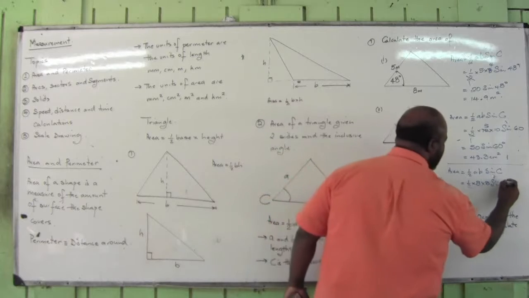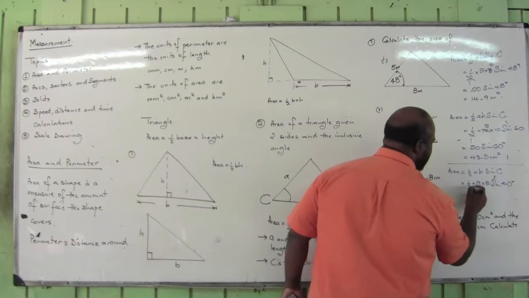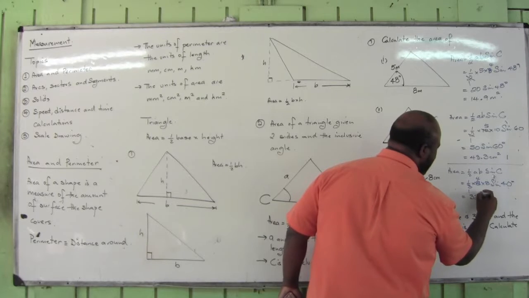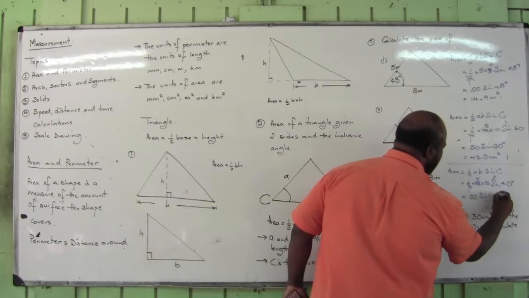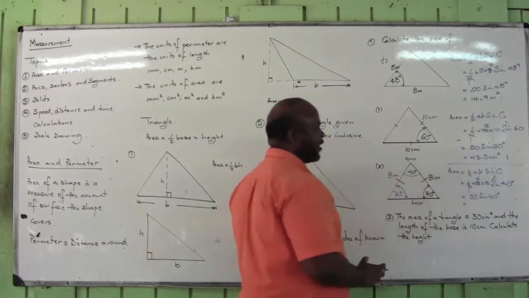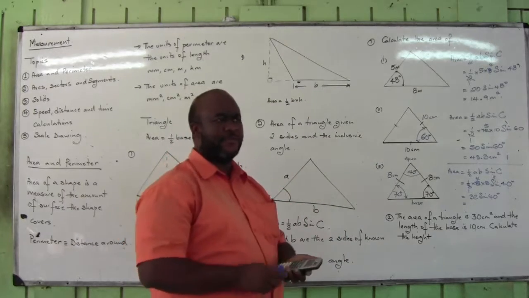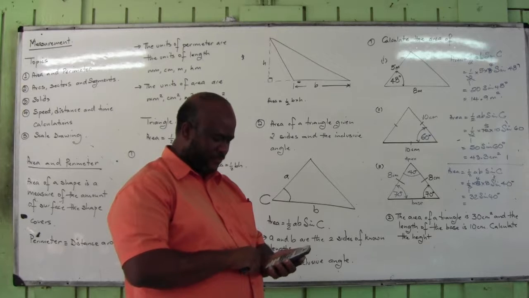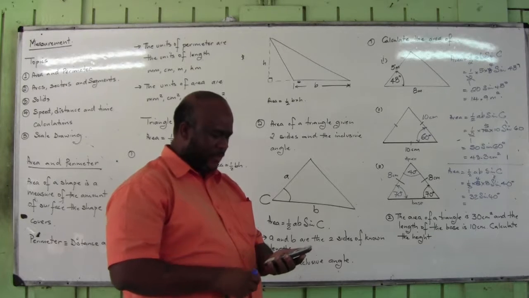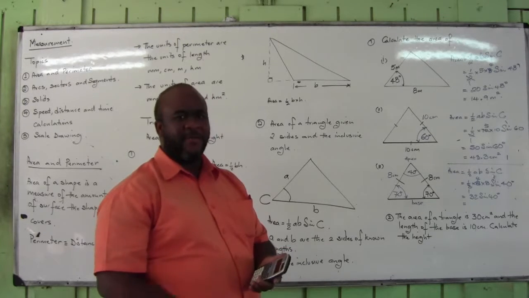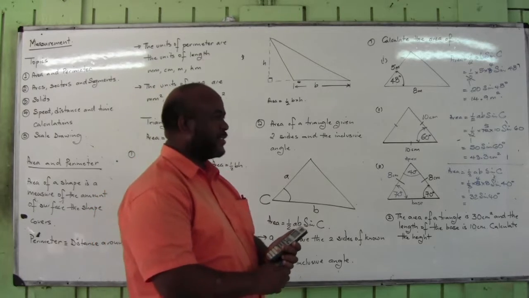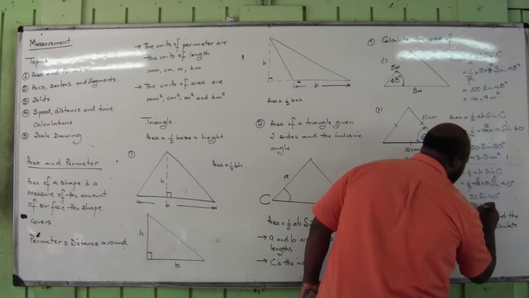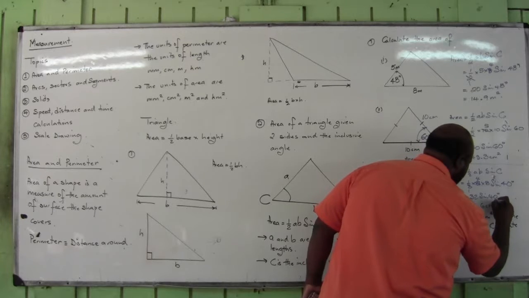Half of 8 is 4, so 4 times 8 is 32 sine 40 degrees. Use the calculator. This is 20.6 and the unit is centimeters squared.